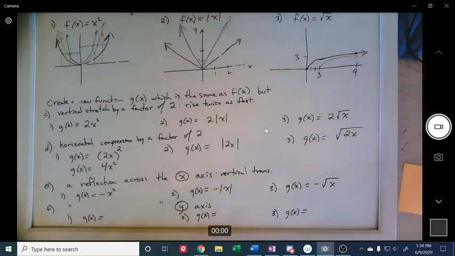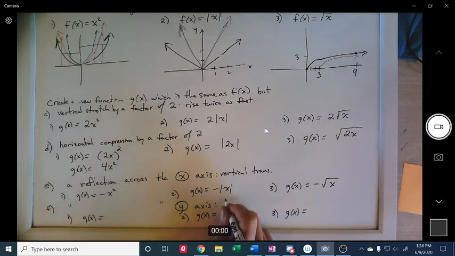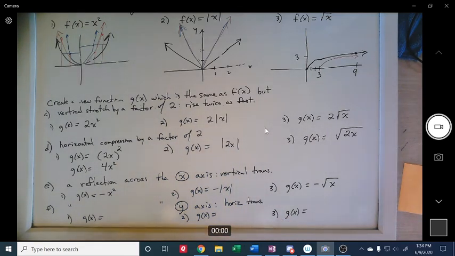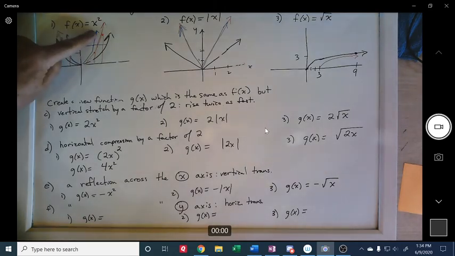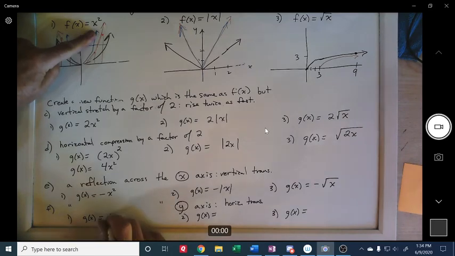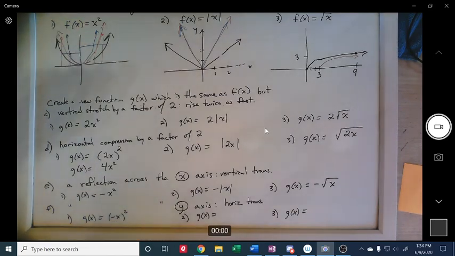When we reflect across the y-axis, this is called a horizontal transformation. We're changing x values as we do this. And on horizontal transformations, it's replacing the x. So we go back to this original function. It's something squared, but we replace the x with negative x.